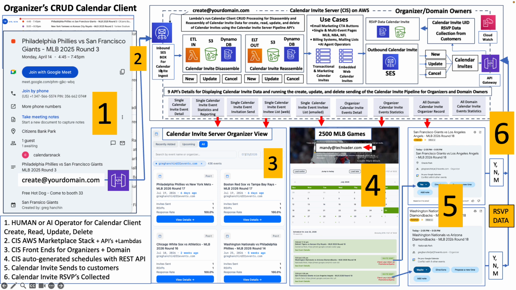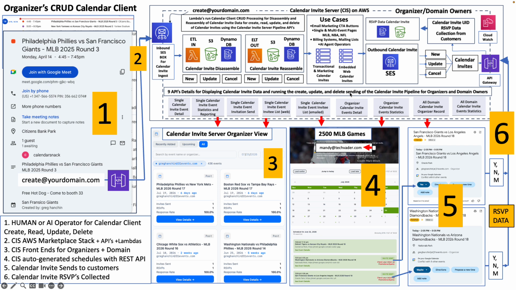So as I move you through the stack here from 1 to 2, people or AI operators operate the calendar client, and they send data to this inbound SES box for the calendar invite server pipeline by using a create command. This create at your domain command is set up when you install this stack here, the calendar invite server in your AWS account.